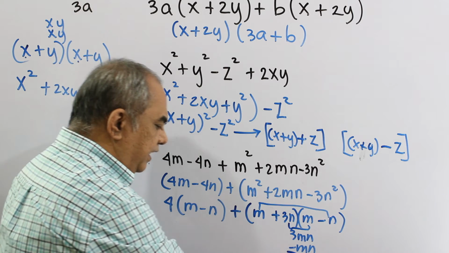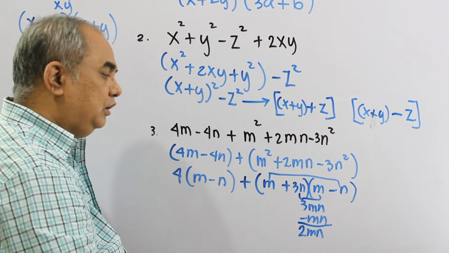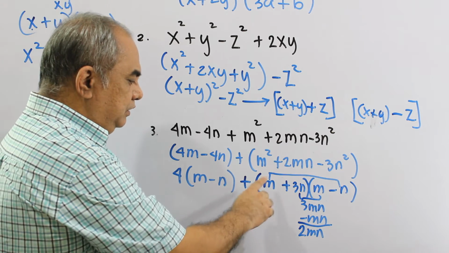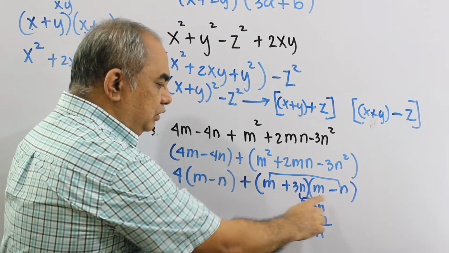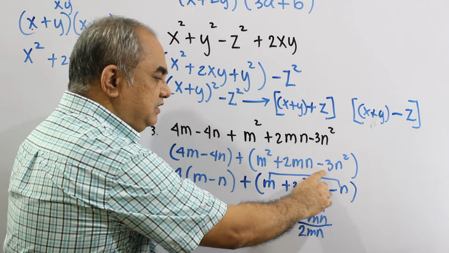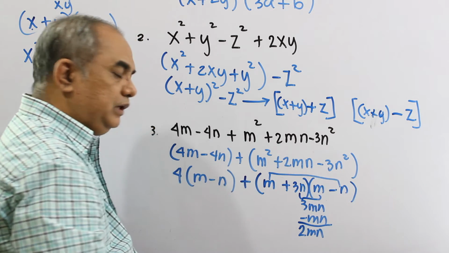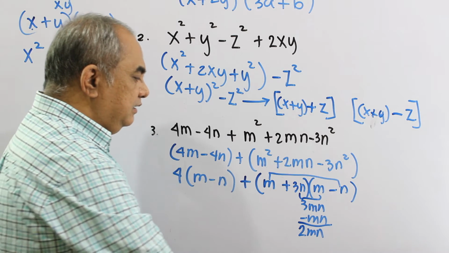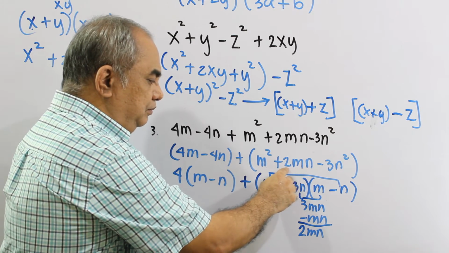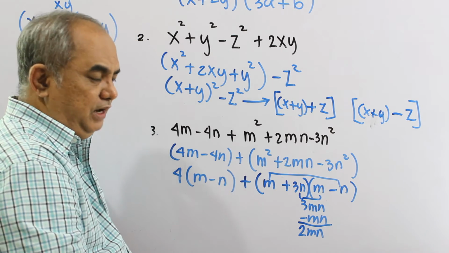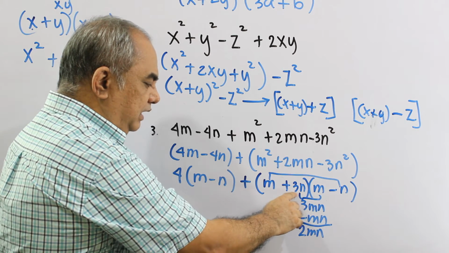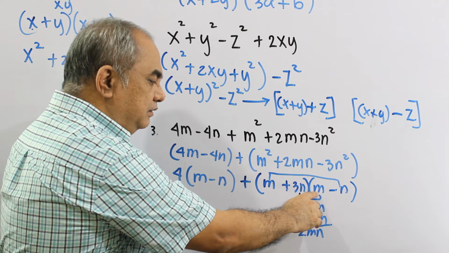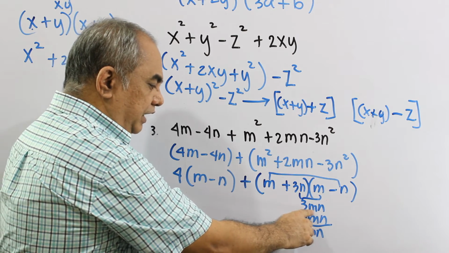And when we find the difference of these two, our only concern here, since we know that m multiplied by m will give us m squared, and 3n multiplied by negative n will give us negative 3n squared. Okay, we need to satisfy the condition that the middle term will be equal to positive 2mn. How are we going to do that? By just multiplying these terms here, 3n multiplied by m will give us positive 3mn.